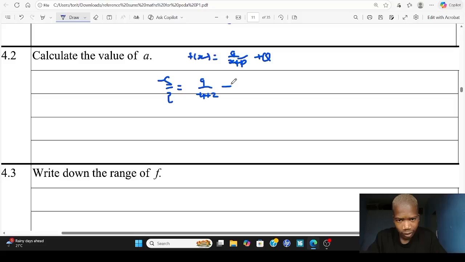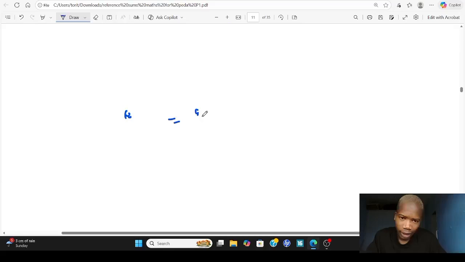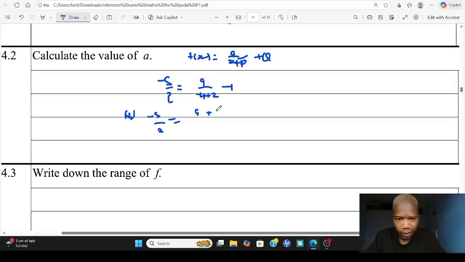So it's minus 5 over 2 multiplied by negative 2, sorry, equals a plus 2, right? Since we multiplied negative 1 by minus 2, it gives us a positive. So we know that the value of a is equal to 3. The value of a is equal to 3. Okay.